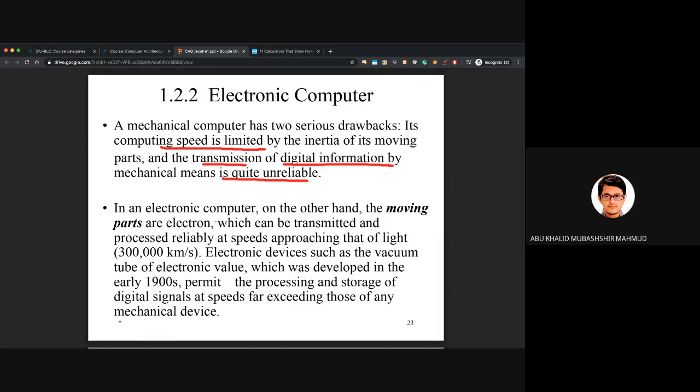Now let's move on to the electronic computer. The first thing that we notice in the electronic computer is the electron that we use to transmit at a very high speed, that is the speed of light, 300,000 kilometers per second.